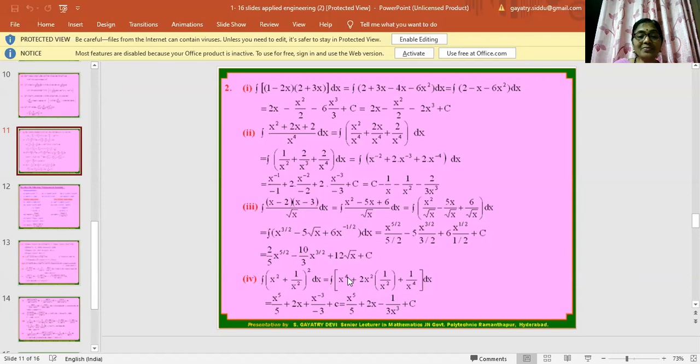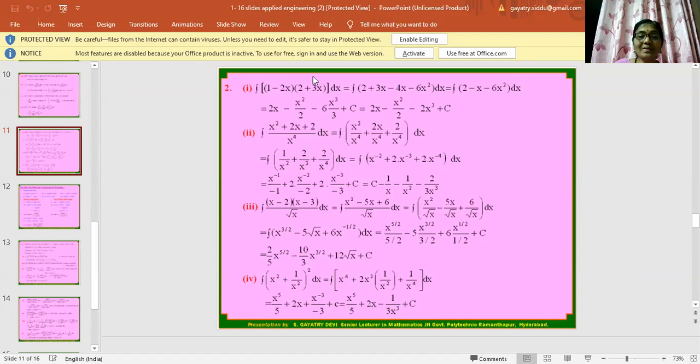X power 4 means 4 plus 1, 5 by 5. Constant 2 with respect to x gives x. 1 by x power 4 is x power minus 4, so minus 4 plus 1, minus 3 by minus 3. Finally, x power 5 by 5 plus 2x minus 1 by 3 x cube plus c.